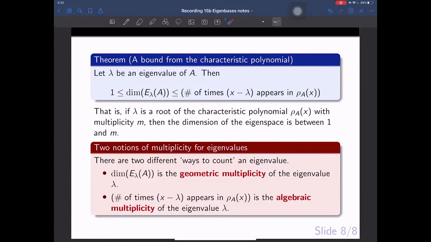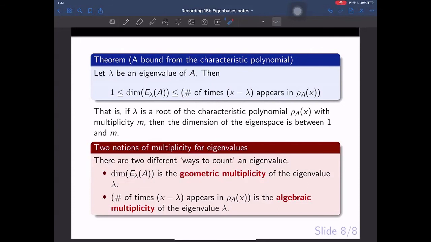This gives us two different ways to count an eigenvalue. If we care more about the geometric interpretation, then we can think about the geometric multiplicity, which is the dimension of the eigenspace.